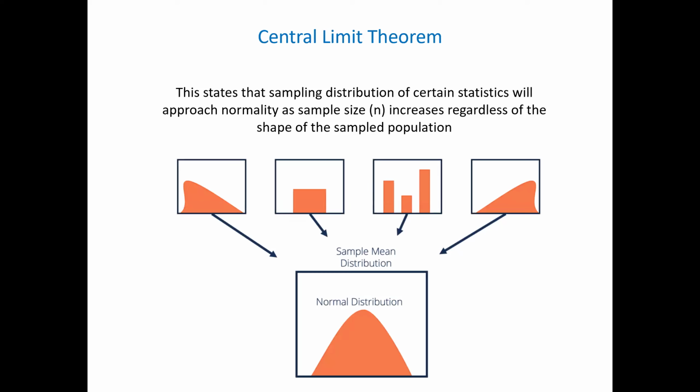Now, we have talked about standard error. Let's move to the next thing I want to unpack about inferential statistics: the central limit theorem. From the picture I put in, you have a clue about what this is all about. You will see one graph here is skewed to the right.